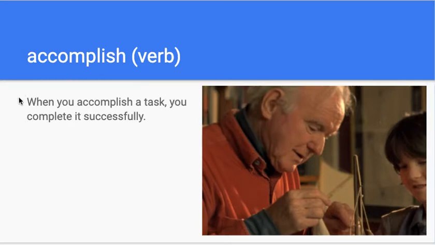So you see what I did, as I took some of the words that were here and turned it into a definition. So if we look at this picture, this young man right over here says, well, with Grandpa's help, I was able to accomplish my project more quickly.